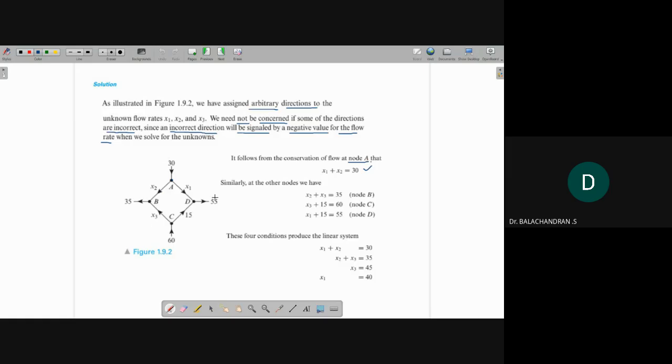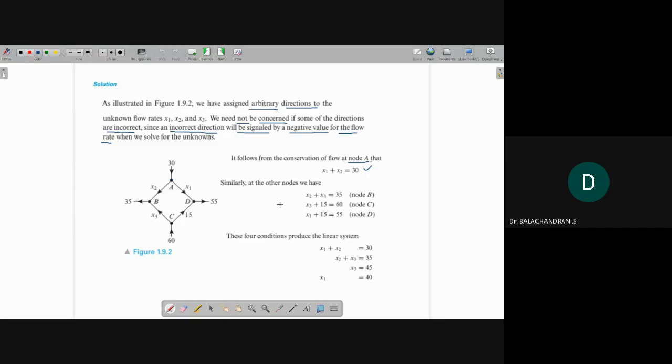Now, after drawing this diagram, you should write: it follows from the conservation of flow at node A. This is node A. x1 and x2 are leaving, so x1 plus x2 is equal to 30. Similarly, node B: x2 plus x3 is equal to 35.